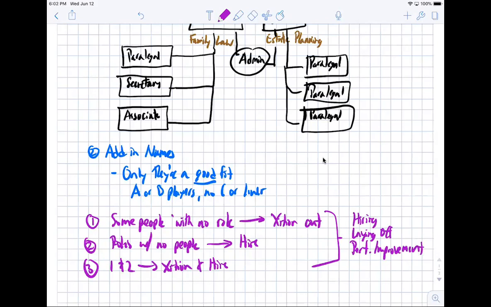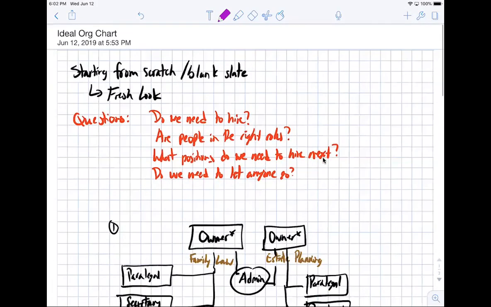And so if there's someone who does not have a role right now, they will try to improve their performance so they can move them into a role. And so those are great opportunities for us to have conversations with our clients. And oftentimes this last part here at the bottom, when the rubber really meets the road, is where a lot of the coaching conversations live. Okay, so that is the ideal org chart.